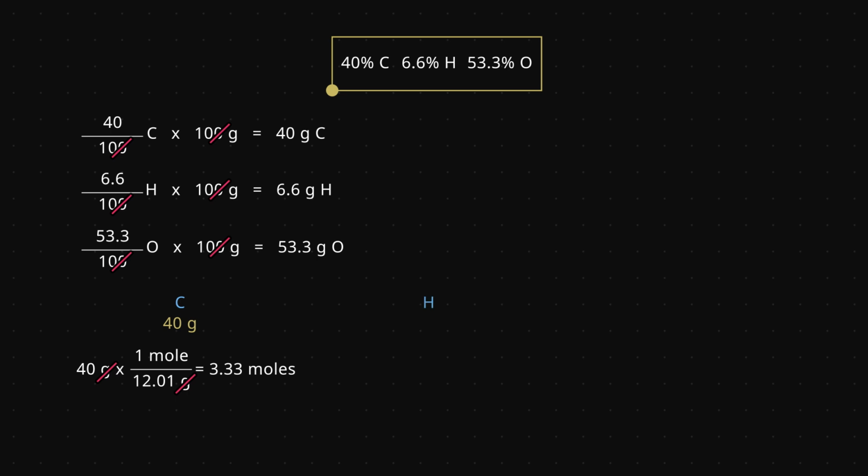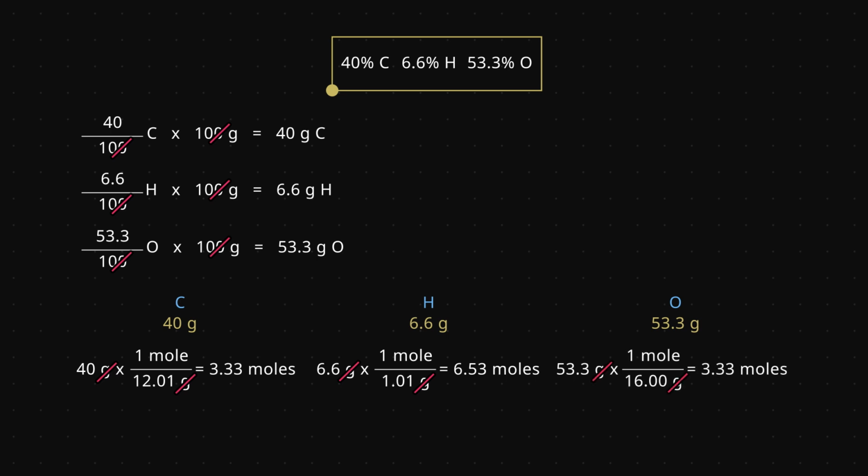For hydrogen, this is 6.6 grams multiplied by 1 mole over 1.01 grams or 6.53 moles. For oxygen, this is 53.3 grams multiplied by 1 mole over 16 grams or 3.33 moles.